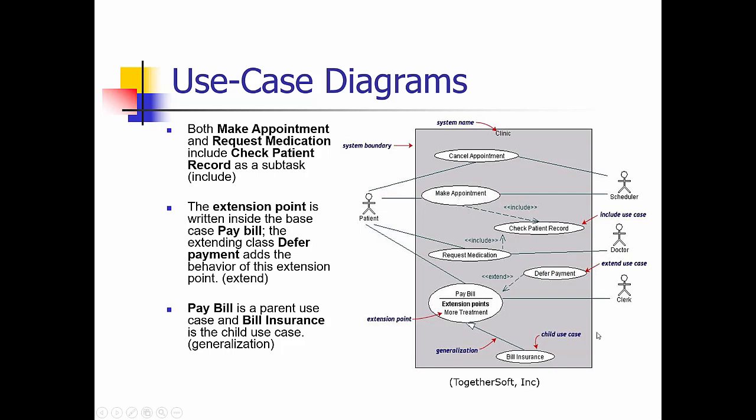So this illustrates all of the notation that is used in use cases. Plus, you can have notes. So there really aren't that many drawing symbols that are used, but they're very powerful. So that concludes our initial discussion of use case diagrams.